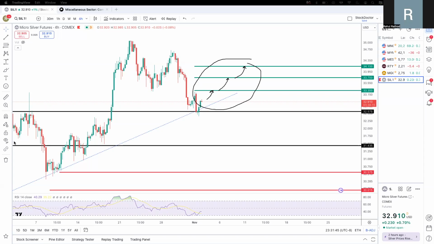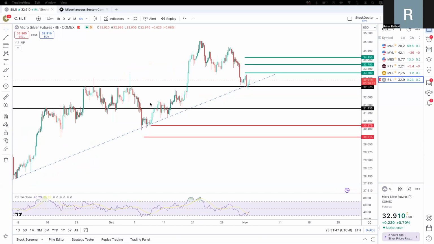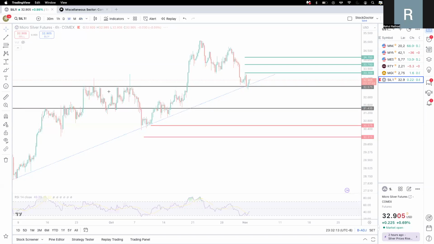We will talk about the downside of silver only if it manages to trade and sustain below 31.50, or let's say 31.40. If it manages to stay below this line, then you will see the targets of 30.50 and $30, which I think is unlikely, because on the weekly chart silver has given a solid breakout.